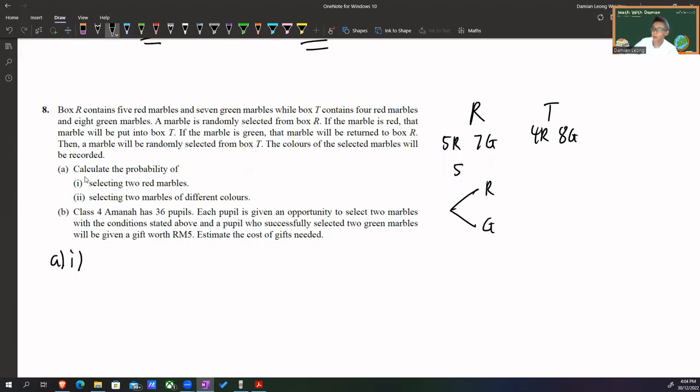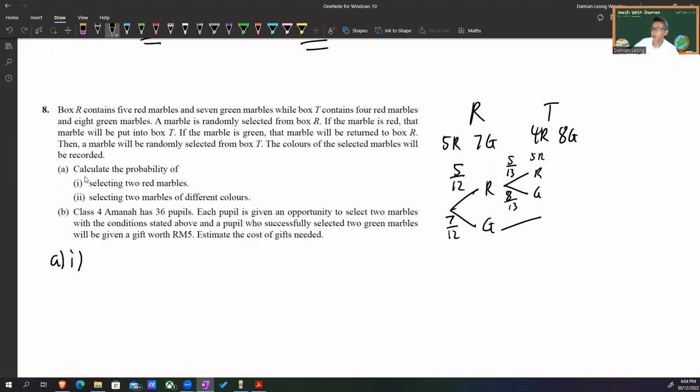Probability of drawing red, 5 red out of total 5 plus 7, 12. And 7 green out of 12 marbles. If I draw red, I will add 1 red to the box T, because they say if a marble is red, I put it into box T. So if I draw red, it becomes 5 red and 8 green. So probability of drawing red will be 5 out of 5 plus 8, 13. Drawing green will be 8 out of 13.